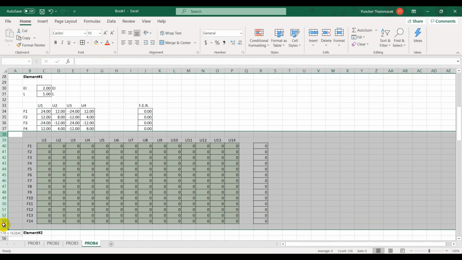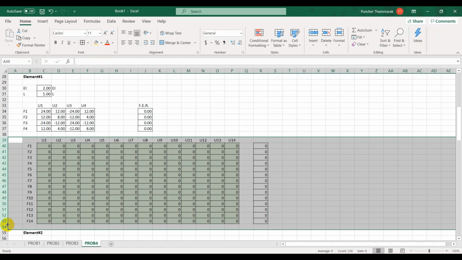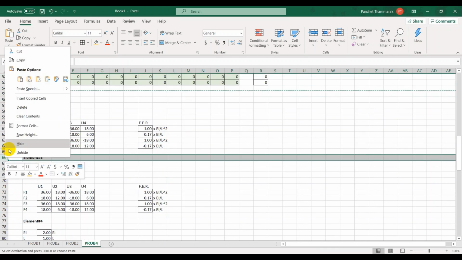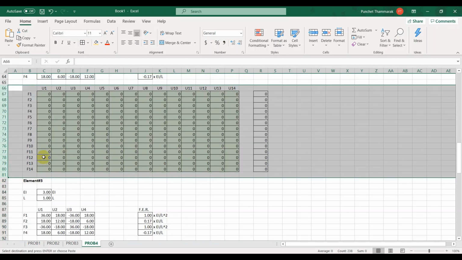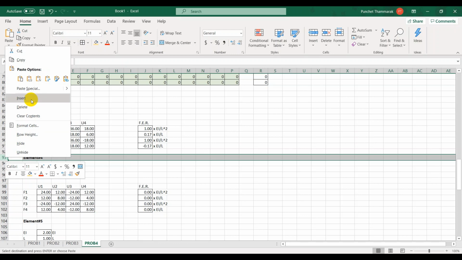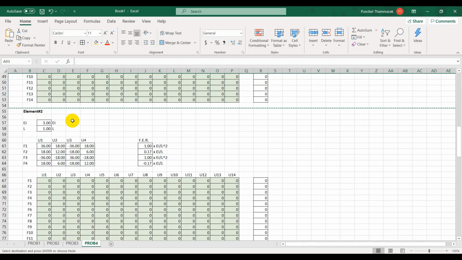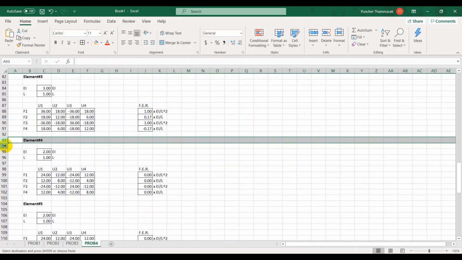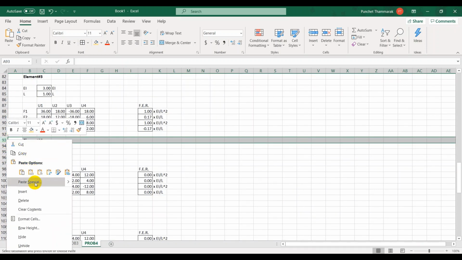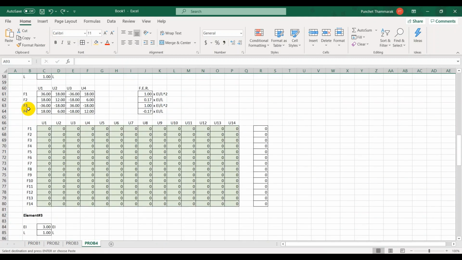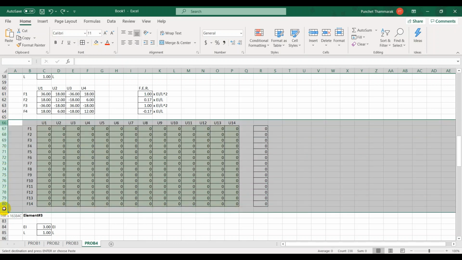I just actually have to just copy it, right? And then I insert the copy cell, right? It doesn't show insert the copy cell over here. I think I need to insert the copy cell.